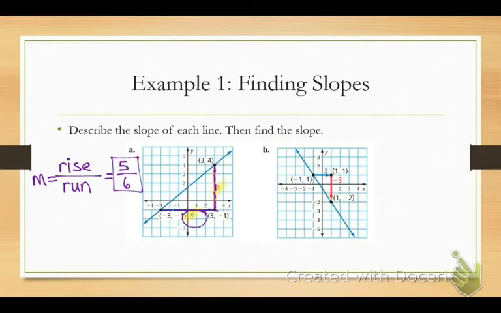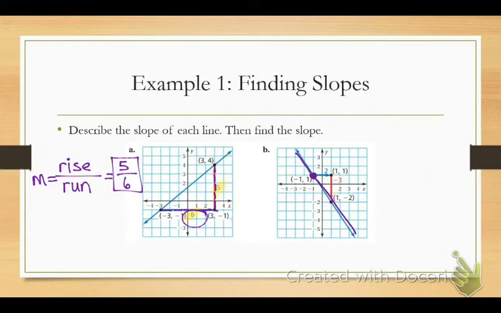Now look at the next one. From left to right, guys, which direction is my point going, up or down? Look at how the line goes. You got 1 point here and 1 point here. It's definitely going down.